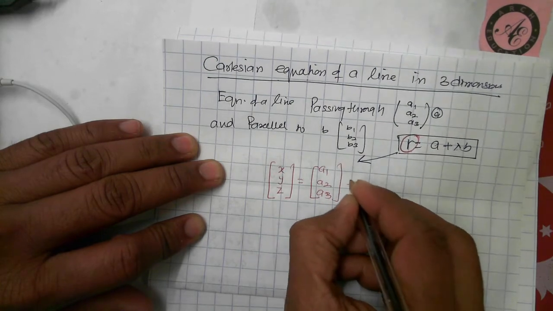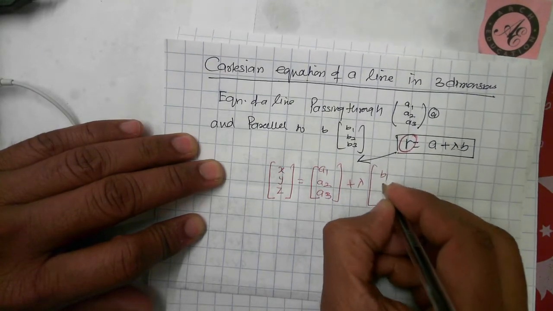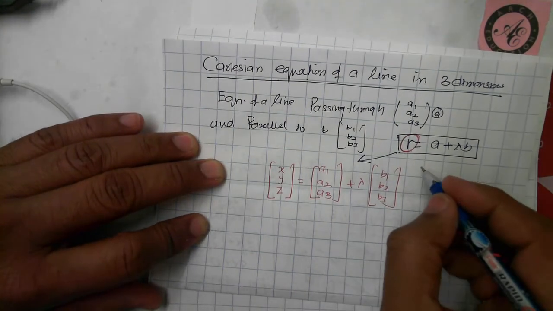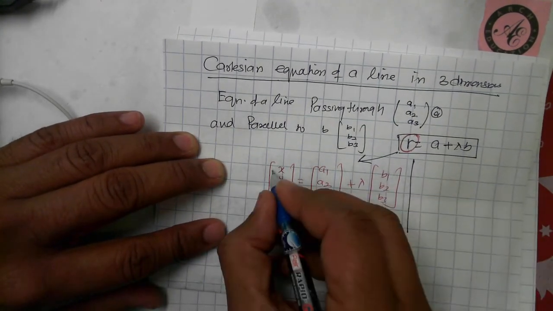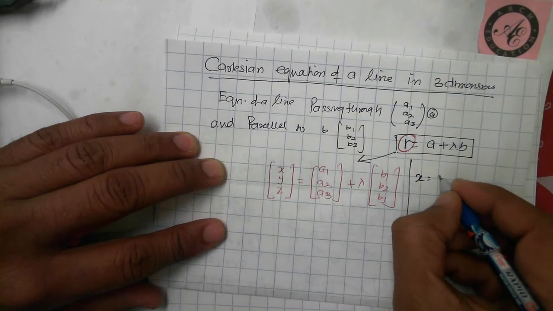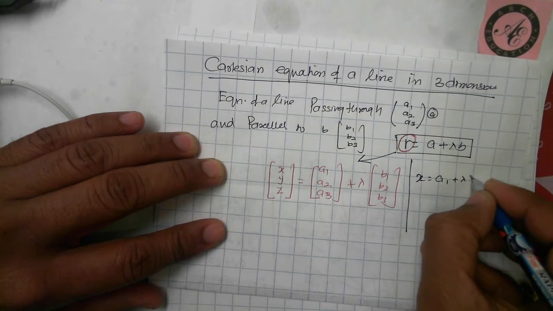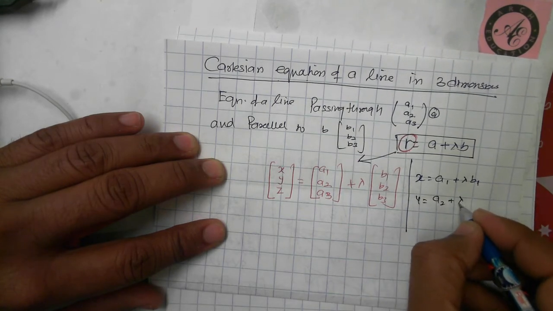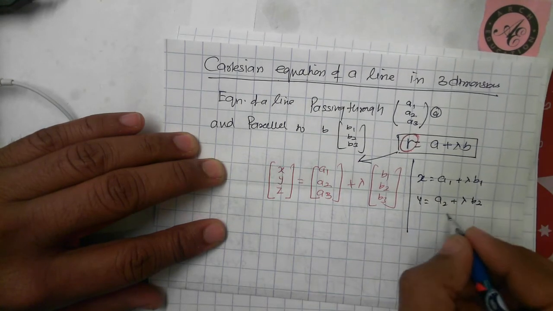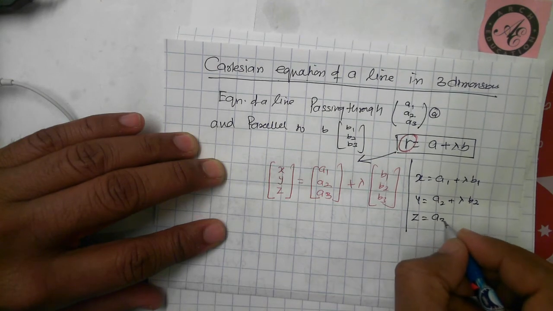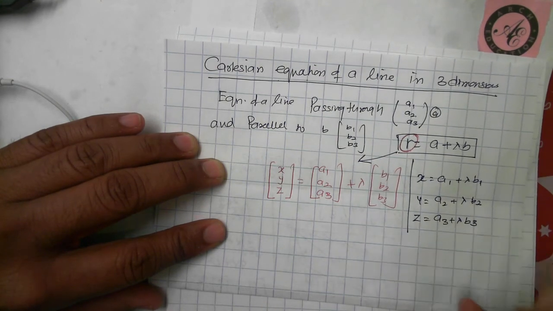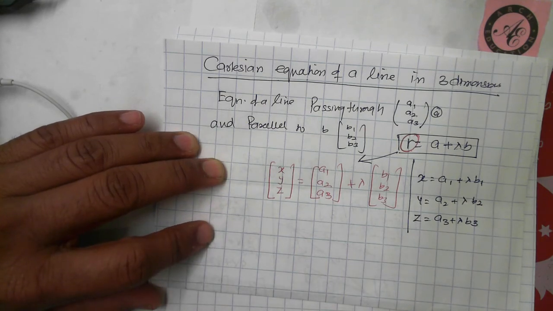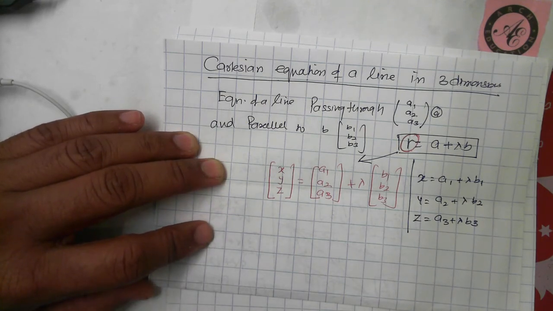And guys, you know the equality of column vectors from GCSE. I'm going to equate the top bits. So x equals a1 plus lambda b1, y equals a2 plus lambda b2, and z equals a3 plus lambda b3. I'm going to rearrange these 3 equations to write them in the standard form of the 3-dimensional Cartesian equation of a line passing through a point in one direction.